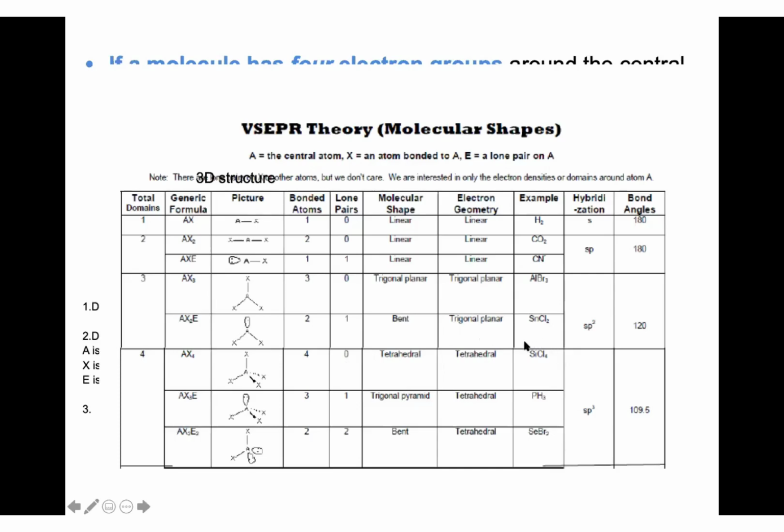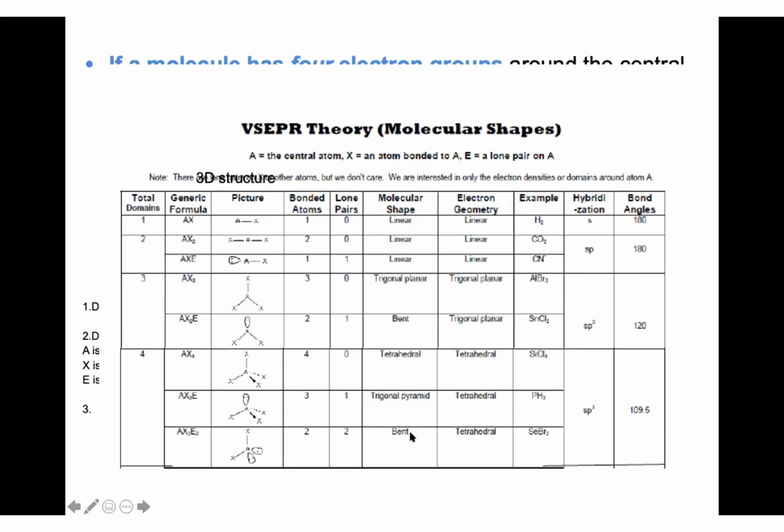So you can pause and try to draw the Lewis structure, find the generic formula and 3D structure, and molecular and electron geometry of it. You do not need to worry about hybridization. And here are the bond angles.